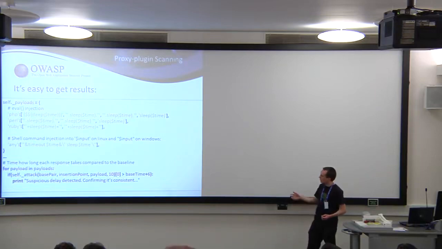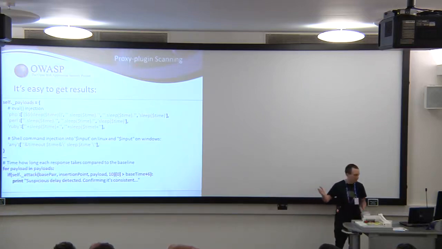It just sends some payloads, times the responses, and sees if they take longer when I tell the server to sleep for longer. And it honestly took longer to write those payloads so that they would work in as many contexts as possible than it did to write the actual code.